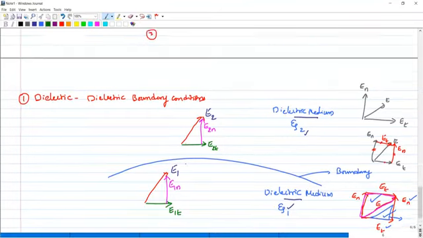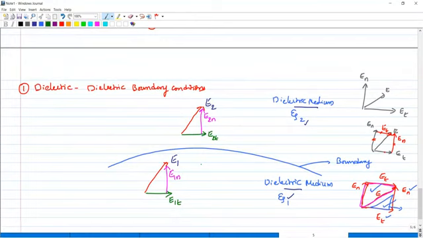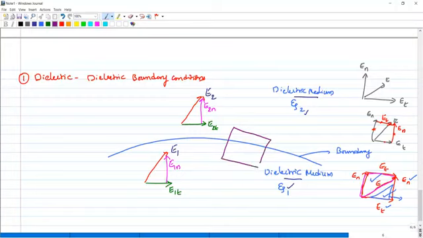Now, in order to apply this equation, I'm going to take one closed loop. See the arrangement of this closed loop. Half of the loop will be in one dielectric medium and the remaining half in the other dielectric medium, so that I can have the behavior of the field in two different dielectric mediums.